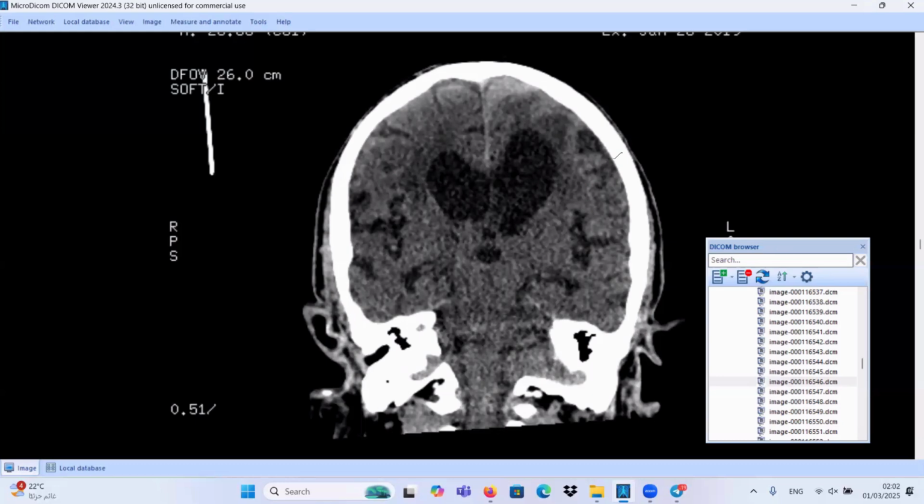Why? Because the patient is anemic and the hematocrit value is low. So in anemic patients, don't expect the hematoma to be hyperdense; sometimes it appears isodense. But again, the typical form of acute hematoma is hyperdense. Subacute is isodense. The chronic form of subdural hematoma or extradural hematoma is hypodense.